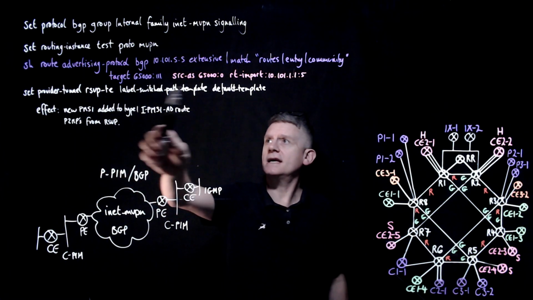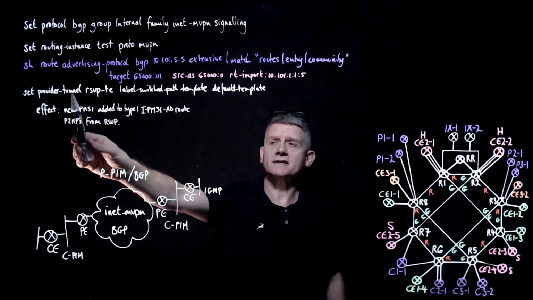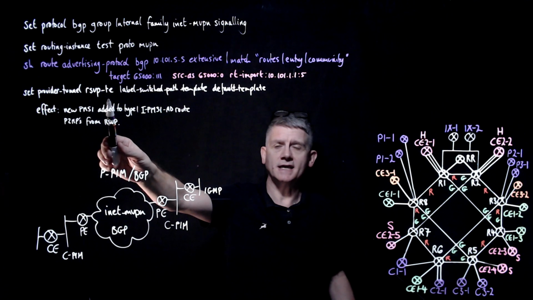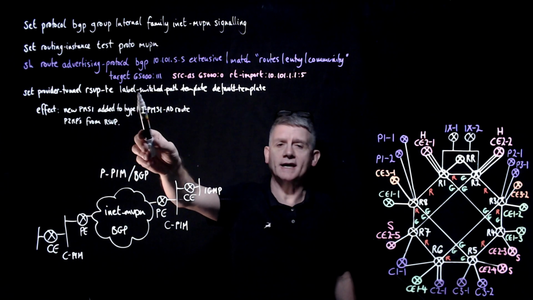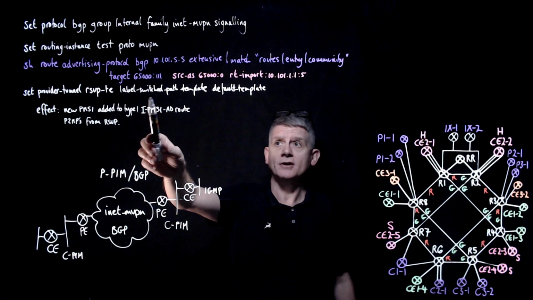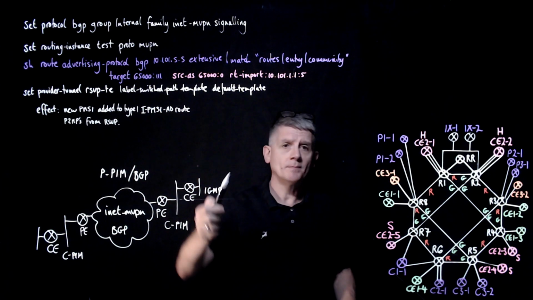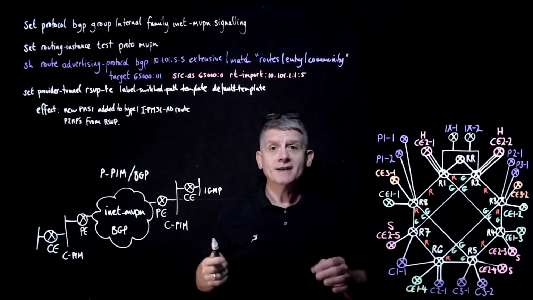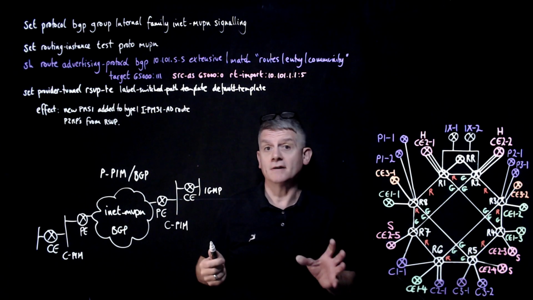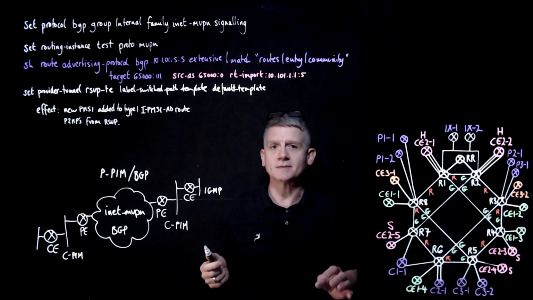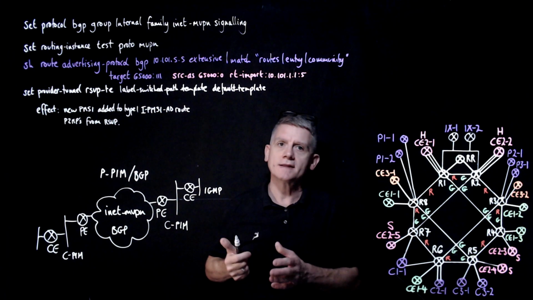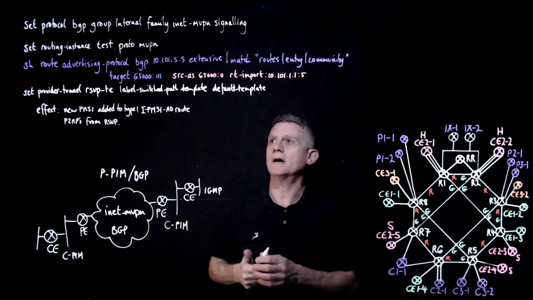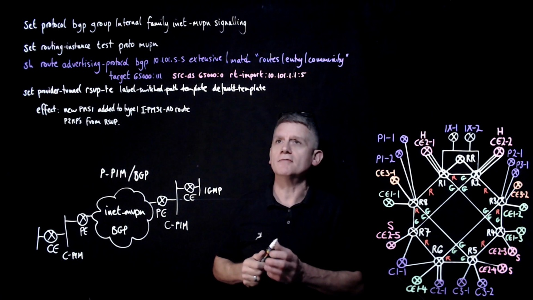So inside the routing instance, we type set provider tunnel. We want to use RSVP-TE in this case. We put in a label switch path template, which is a really very simple template, or if we're using a default template, then that's it. And so the actual data path creation of our LSPs is incredibly easy to do with this Juniper system. So that for me is a real bonus there and a real surprise.